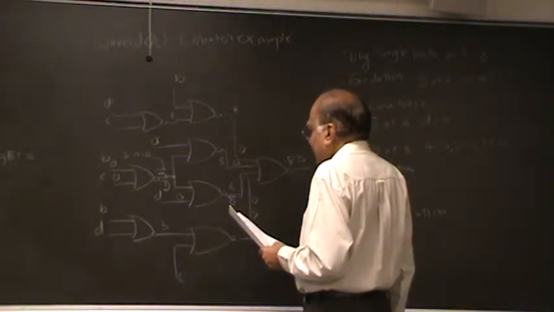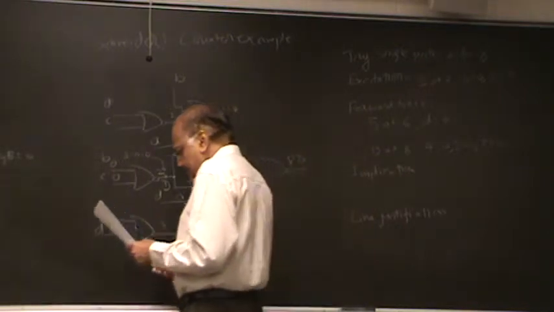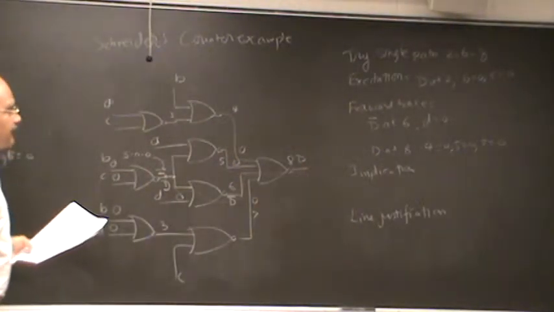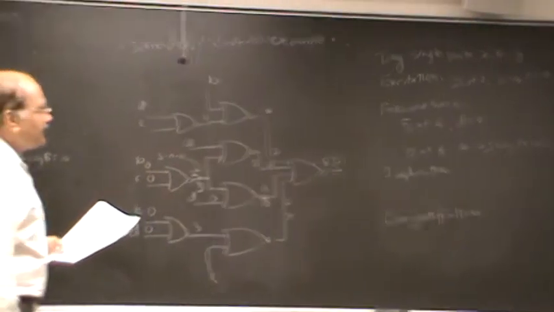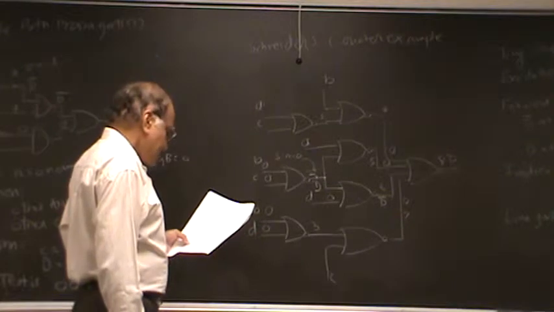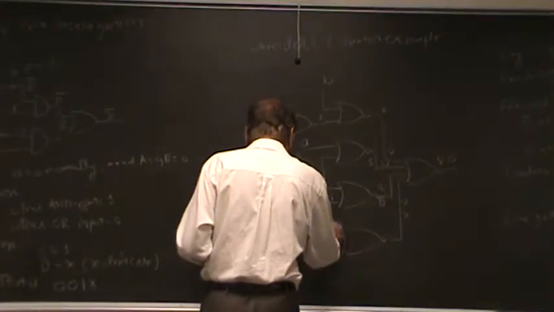Now, since we have made B and D equal to 0, right? We have chosen B and D equal to 0. That means this here is equal to 1.